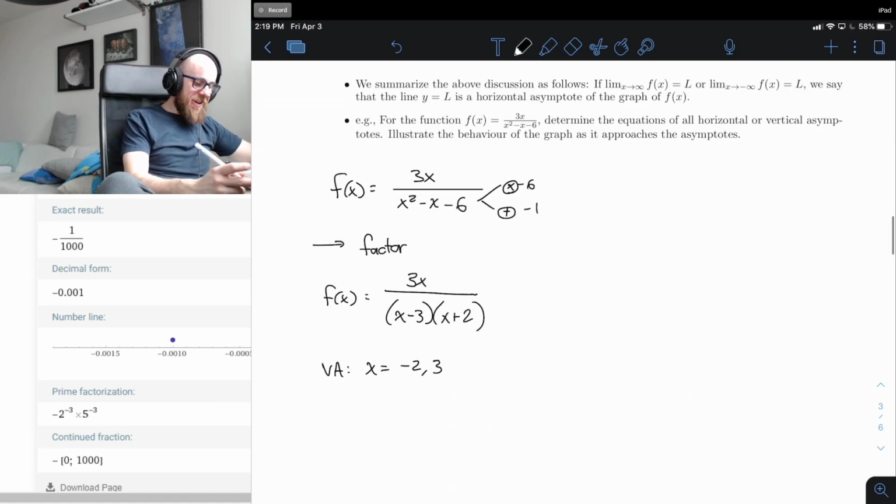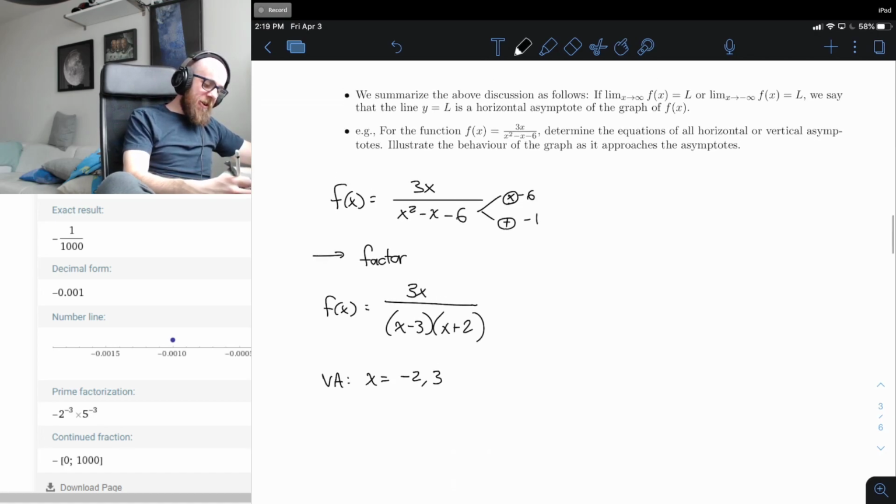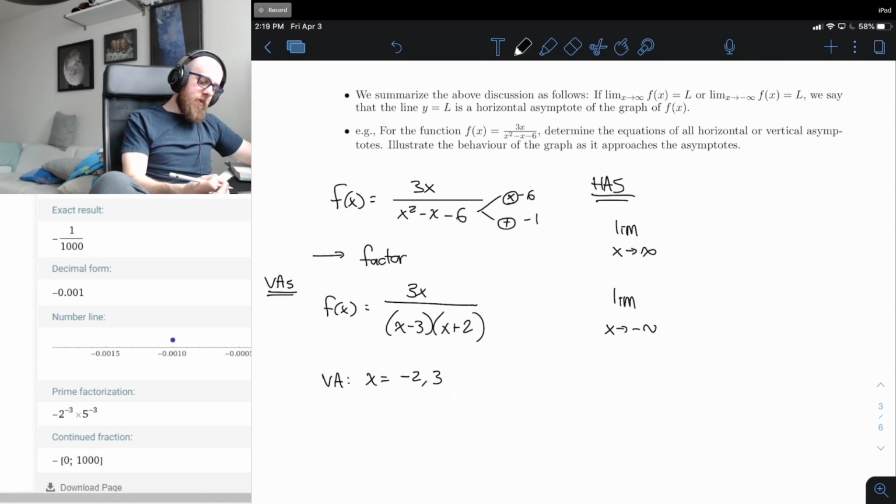Now let's figure out our horizontal asymptotes. I figured out the VAs using my factoring rules. For horizontal asymptotes, I want to know what's happening when I take the limit as x approaches infinity, and as x approaches -infinity.